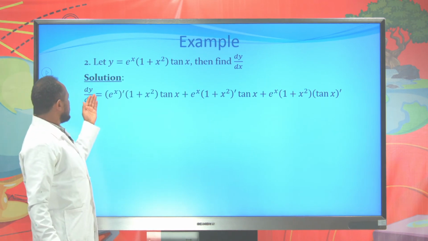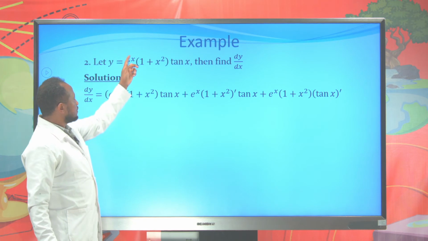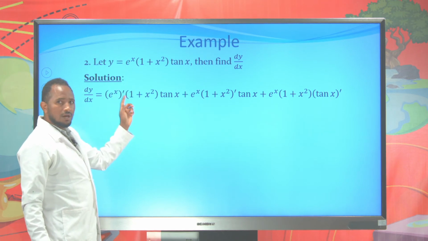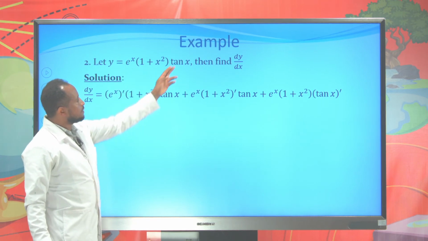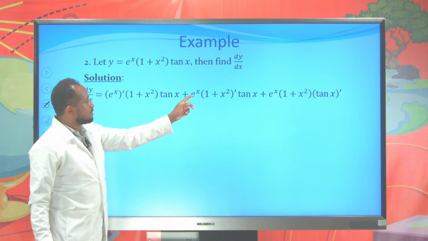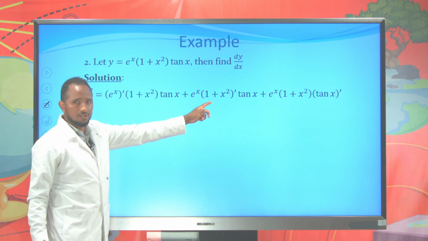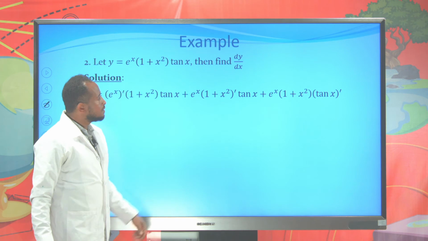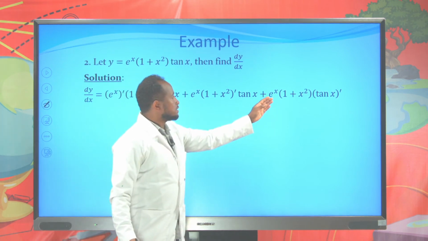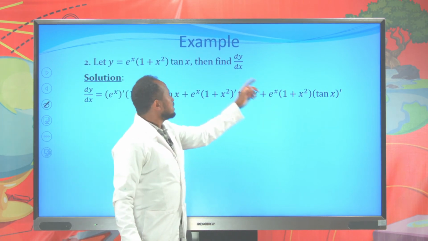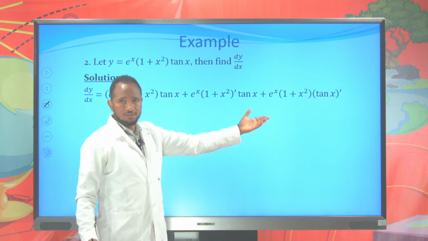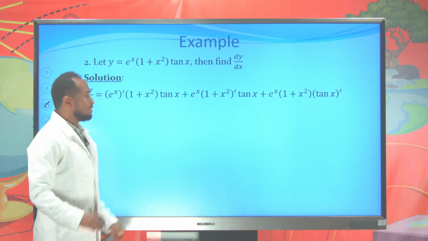Therefore, dy by dx is equal to the derivative of the first function times 1 plus x squared times tan x, plus e raised to x times the derivative of the second function times tan x, plus e raised to x times 1 plus x squared times the derivative of the third function. This is the answer. So let's simplify this.